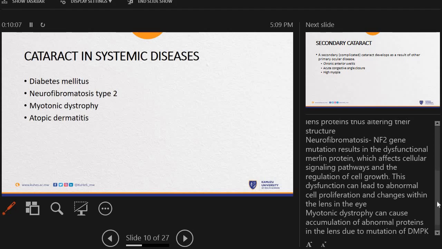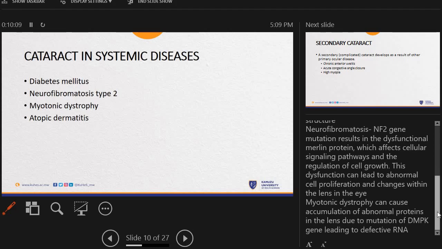With myotonic dystrophy, it can cause an accumulation of abnormal proteins in the lens due to mutation of a gene called DMPK, the dystrophia myotonica protein kinase, leading to defective RNA production, and that also causes a defect in the proteins in the lens.